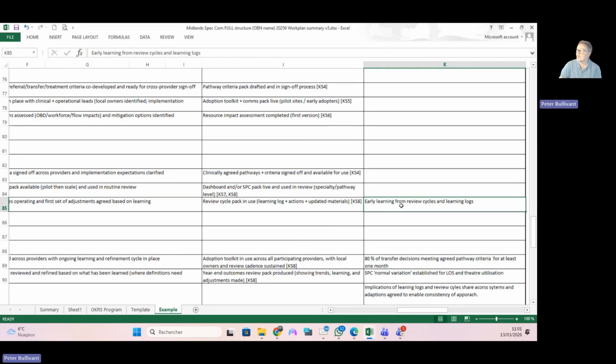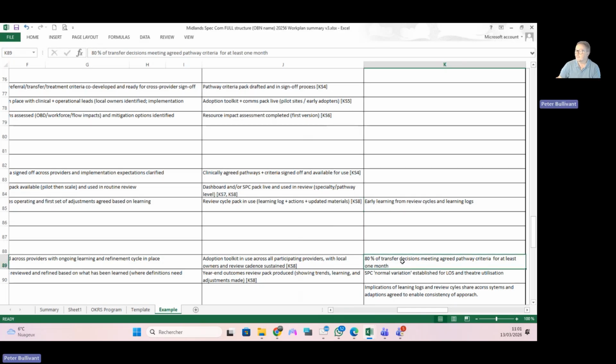And you can see the early learning is one of those key outcomes because learning was an important part. So we've done the work, we've reviewed the system, we've developed, and we're feeding back early learning. So that is a key outcome. It's a qualitative outcome, but it's specific. You can demonstrate that that is actually happening.